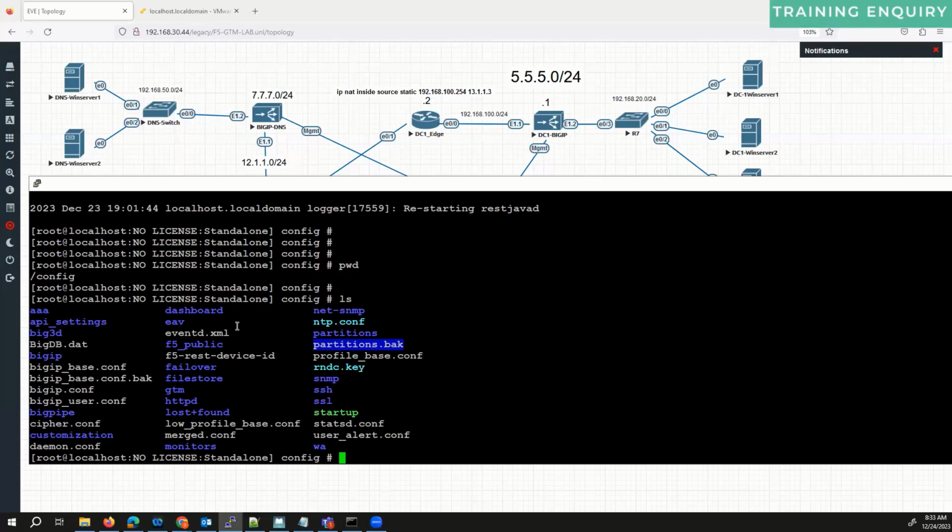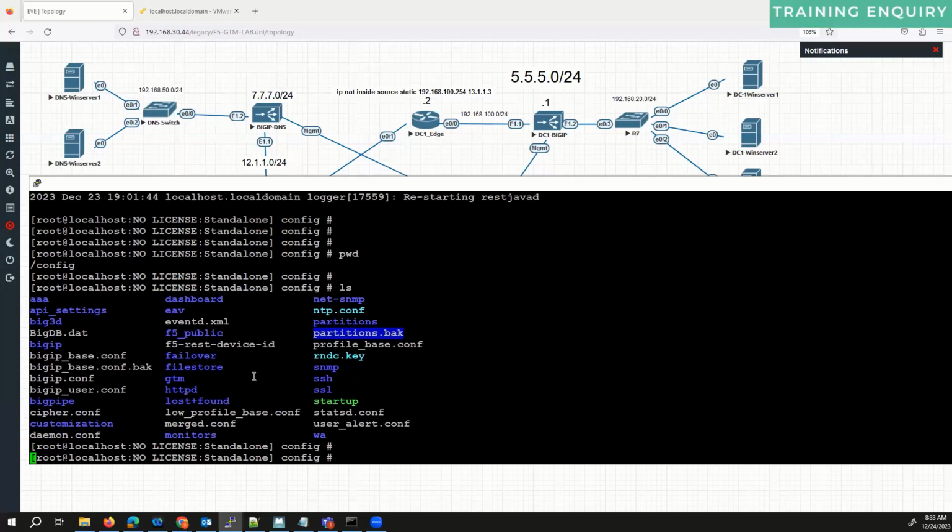In fact, you can also see some basic base configuration, like big IP base configuration. All those configuration files are also available over here, and in case it's needed, we can modify or edit that using Linux itself. But I'm not going to do that over here.